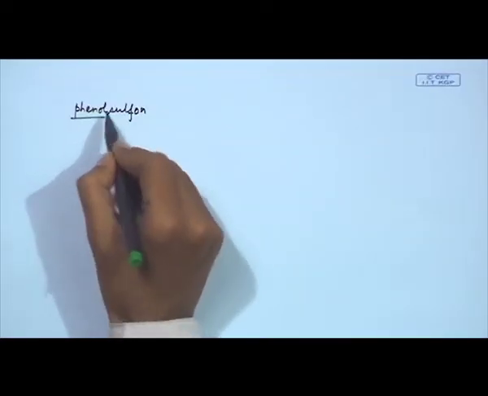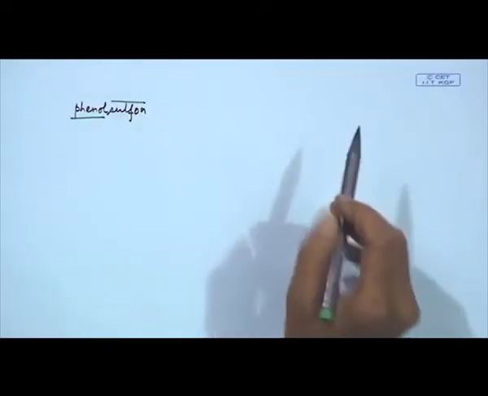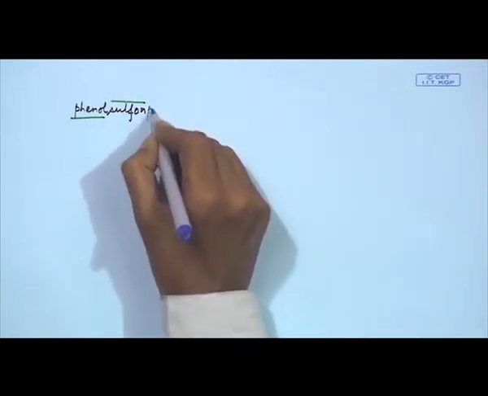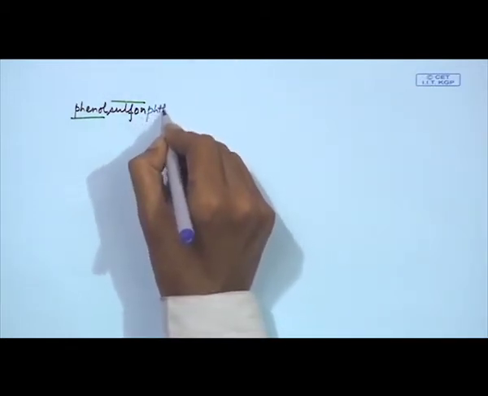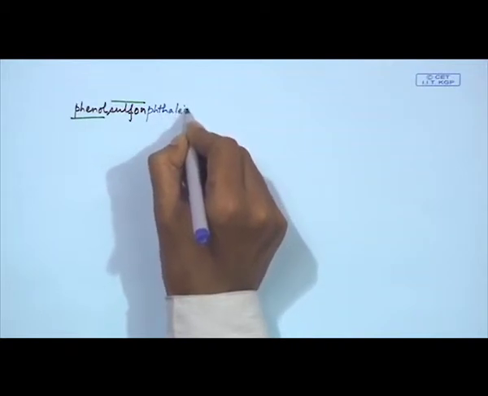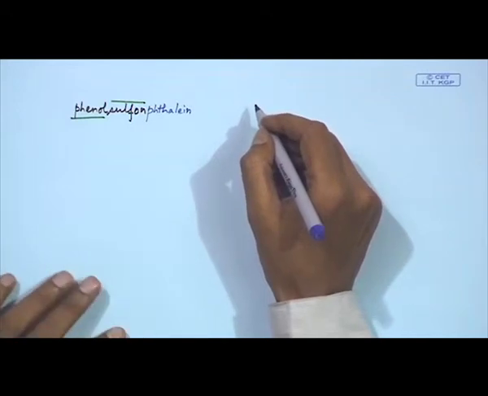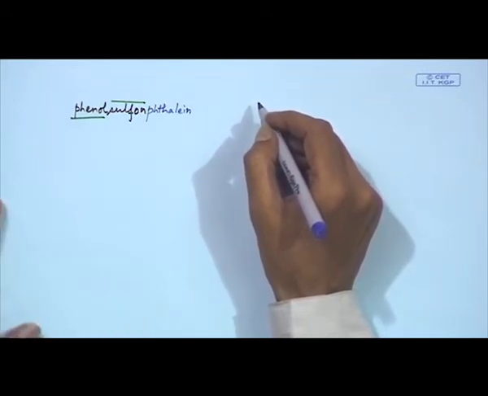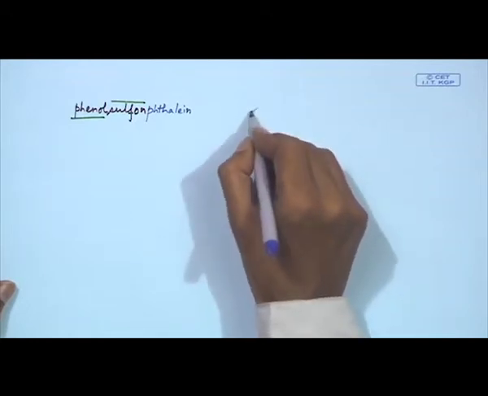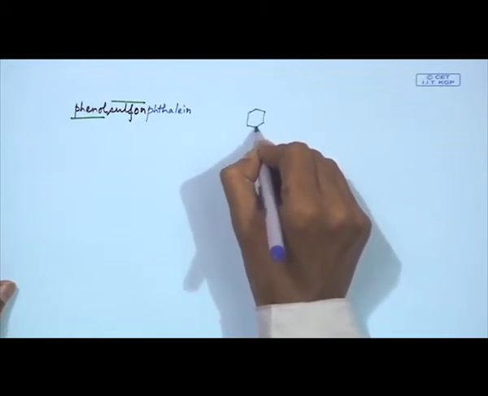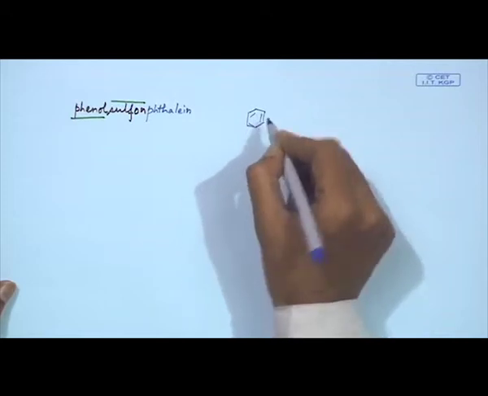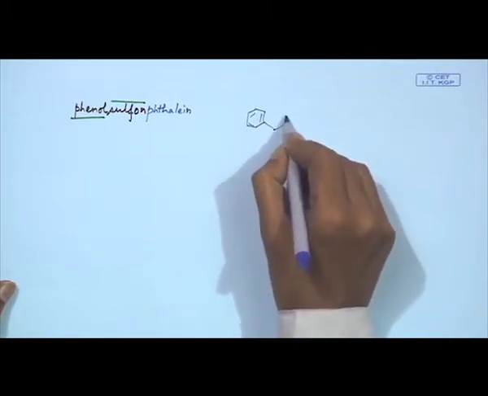Just remember the name very well, because the name will tell you something: phenol, sulfone, and phthalene. This is one such indicator related to your phenolphthalein molecule.